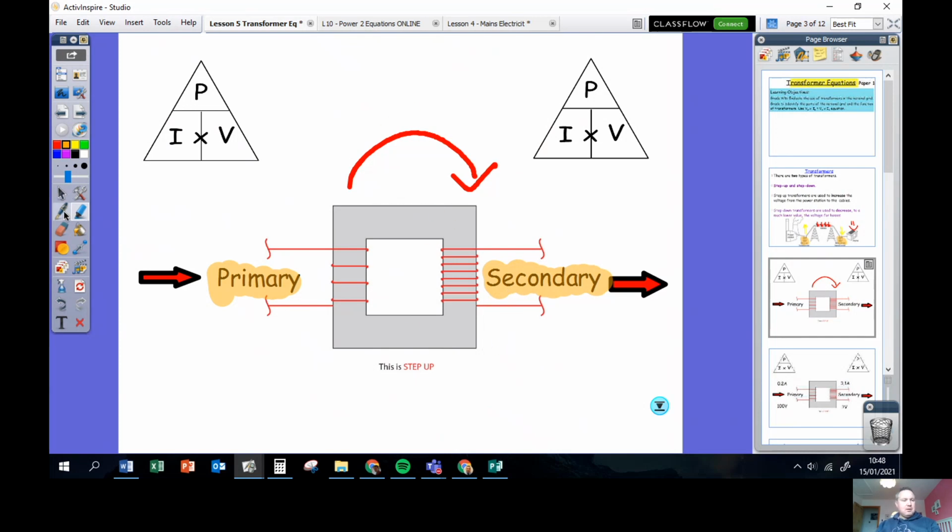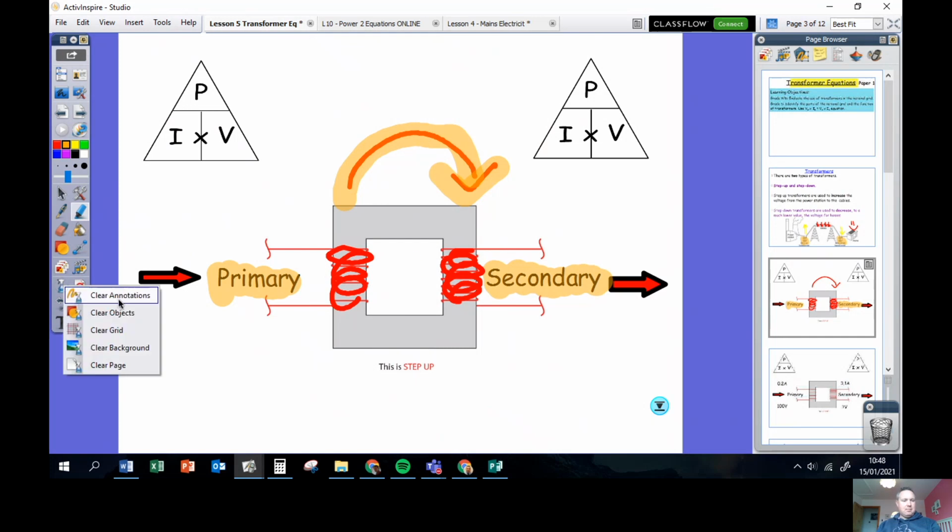Because there's wire wrapped around these sides, you might hear some questions or some teachers talking about the power going from the primary coil to the secondary coil. So the coil of wire on the primary side to the coil of wire on the secondary side.